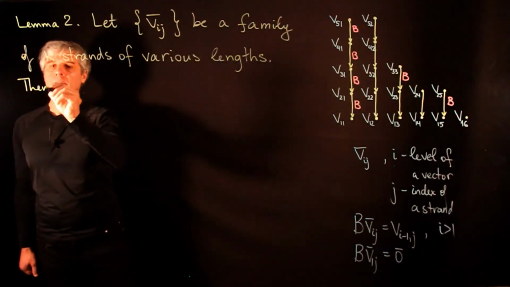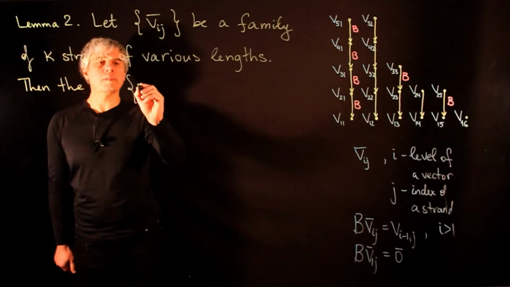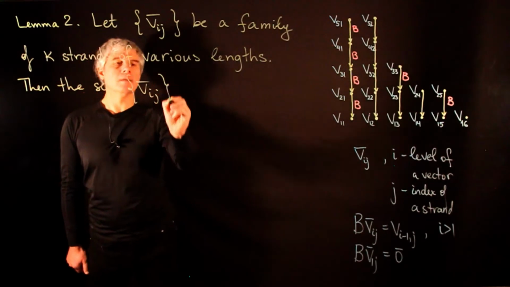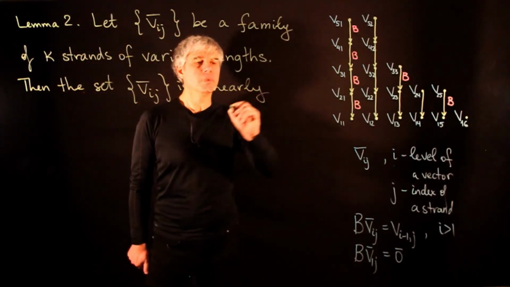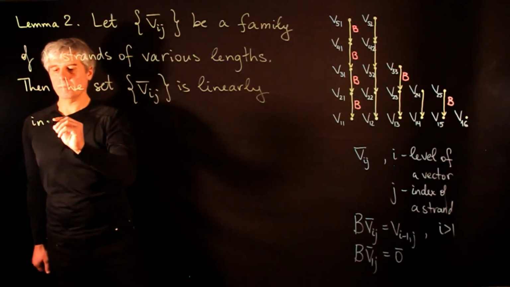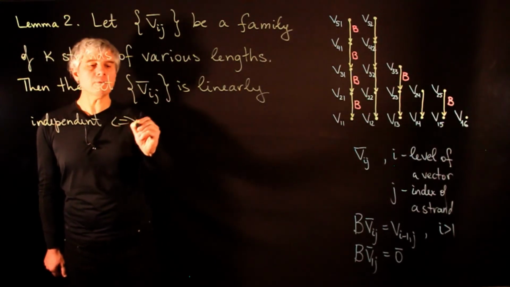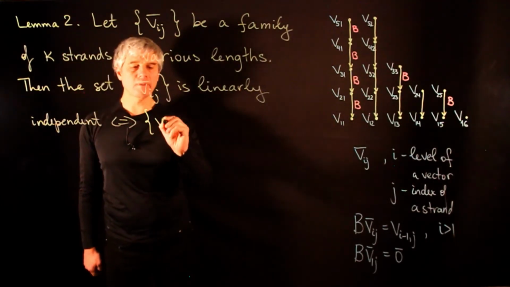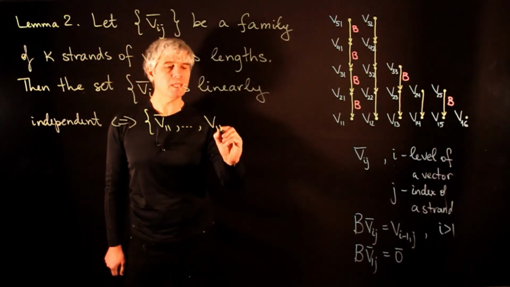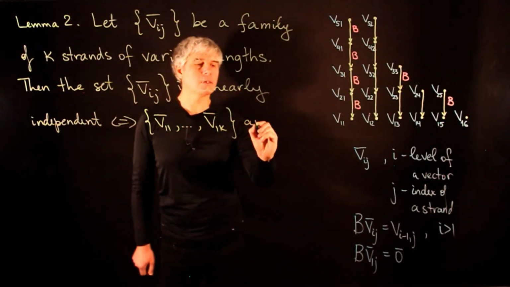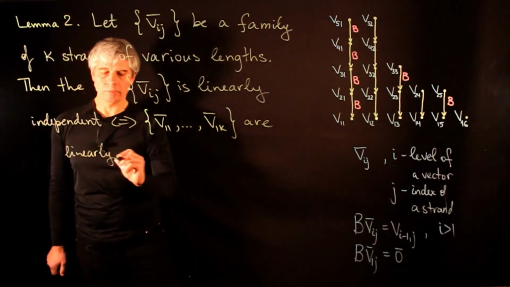Then the set of vectors in the strands Vij is linearly independent if and only if the vectors v11 through v1k are linearly independent.